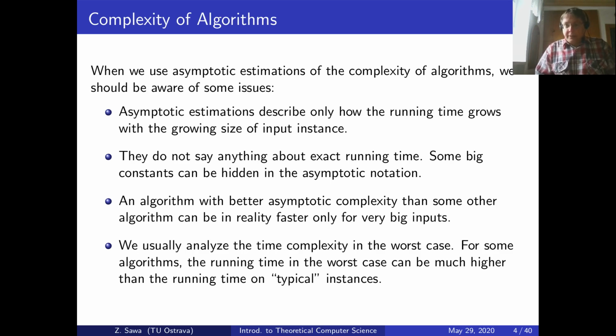we can derive from it that when we take input of some particular size and run it for some time, and then we take input that is, for example, 10 times bigger, it will take 100 times more time to compute the result.